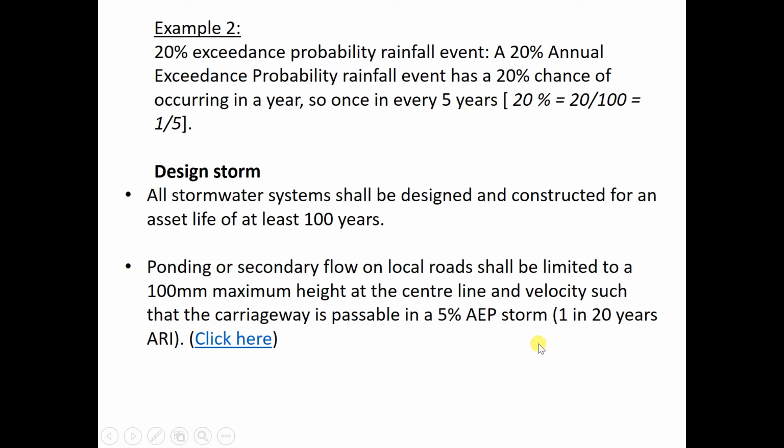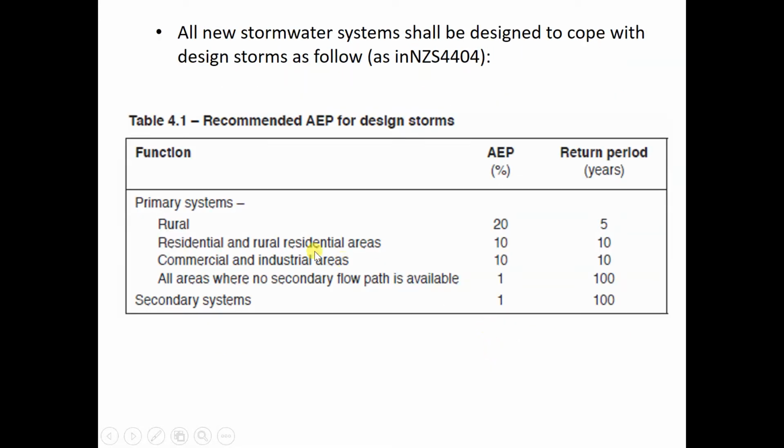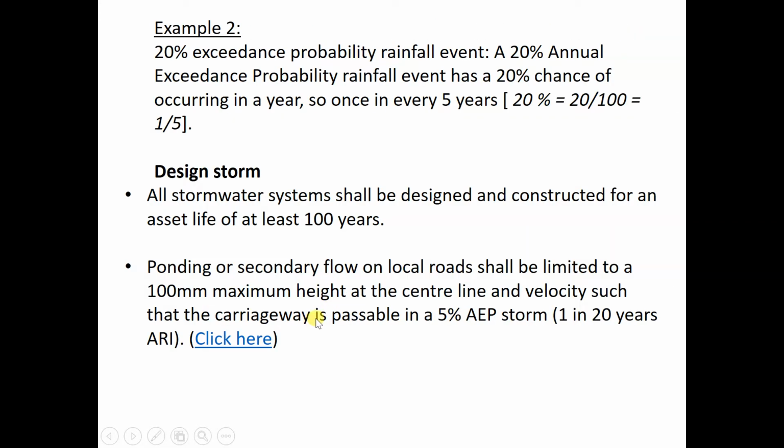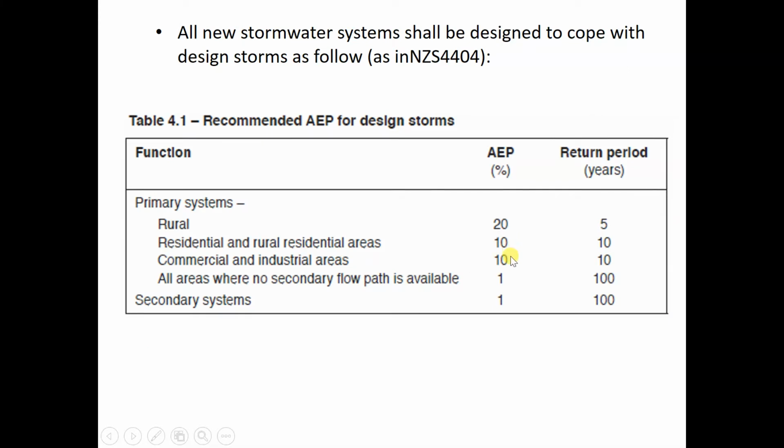That means that when we design for residential, commercial or industry areas, we actually not only design for the stormwater pipes or the open channel, the table drain, we also allow for a secondary system for the water to pass.